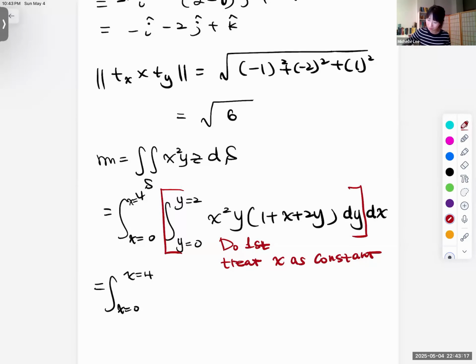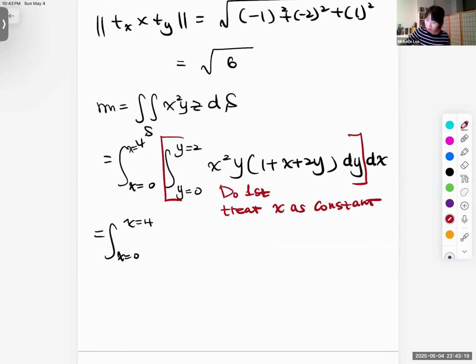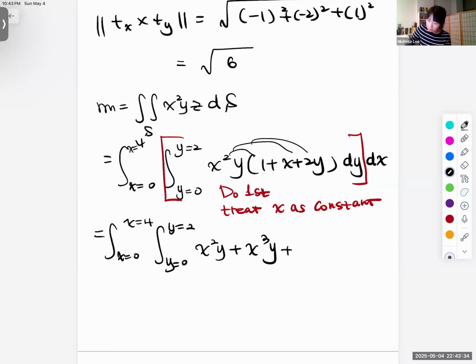Okay, a little bit of algebraic work is needed. Okay, so we want to distribute, so we have x squared y plus x to the third power y plus 2x squared y squared.